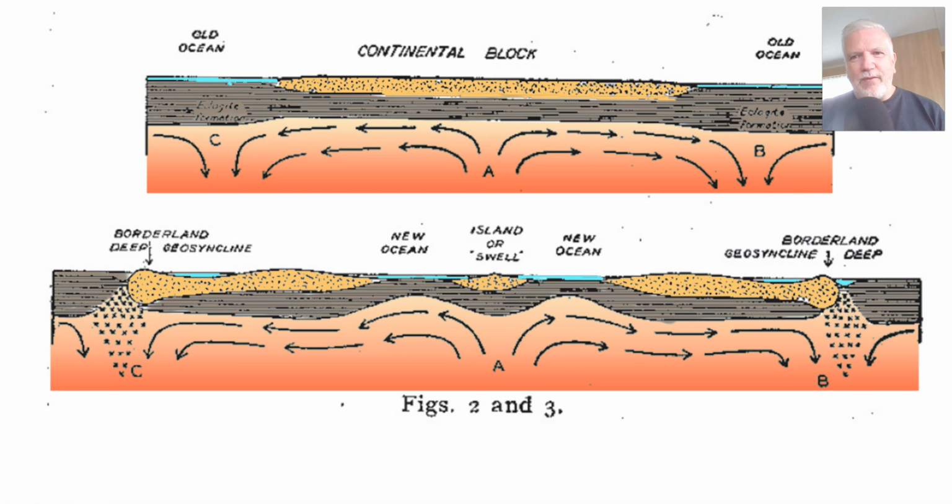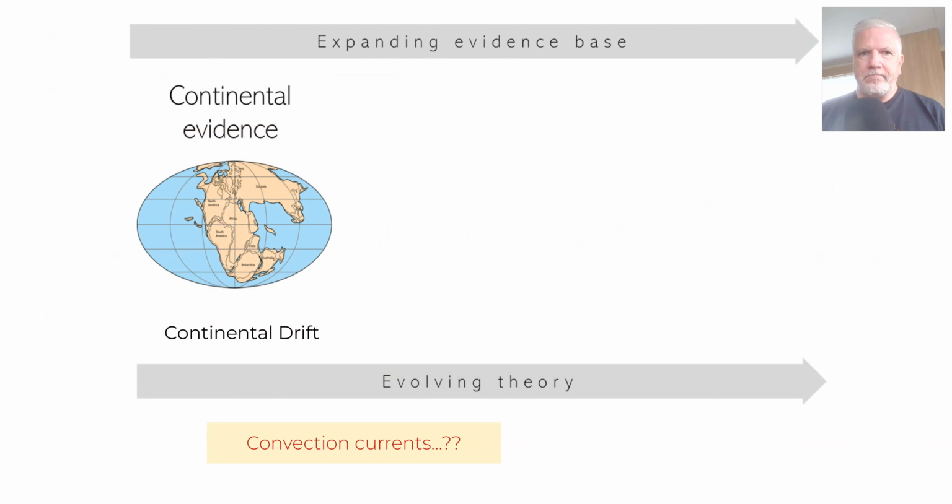So what we have here is an amazing set of insights from Holmes, and this is the first emergence of the mechanism, the convection currents in the mantle that would move what we ultimately would come to know as the plates. And then it ground to a halt, ironically enough, given the nature of what they were trying to prove.